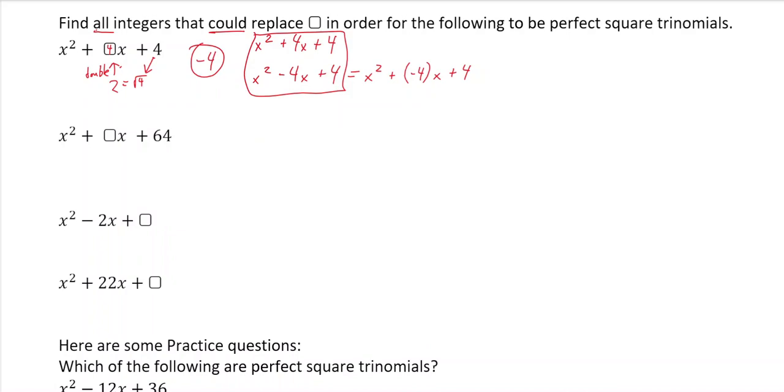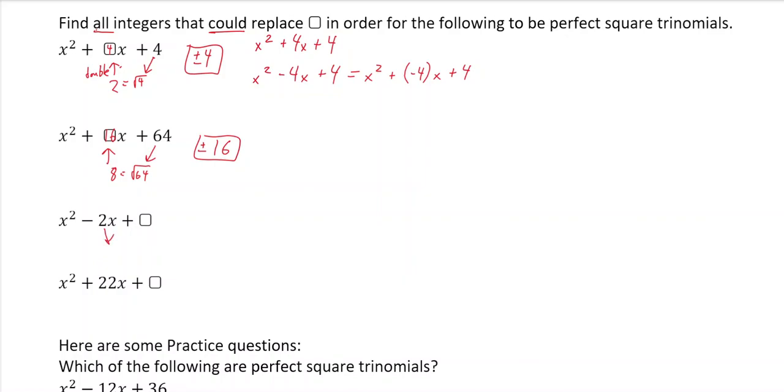So both of these are perfect square trinomials, so be careful. All integers includes both values. Okay, let's take a look at these next ones here. We've got the same sort of thing happening: square root of 64, and we get 8, then we double it, and we get 16. So 16 seems like a good answer, but also negative 16. All right, let's try these next ones.